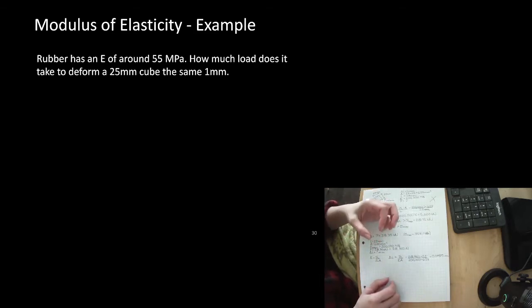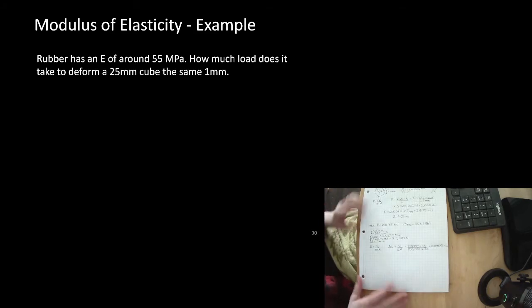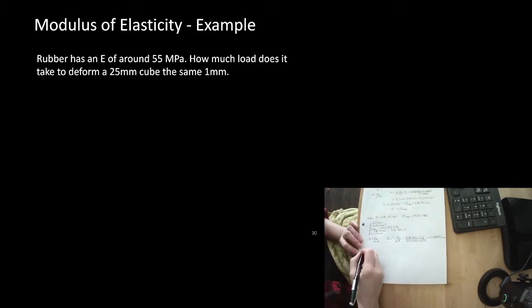You would use them in floor hockey, for example. They're quite hard, but they are a rubber ball. It's a very stiff rubber, but you can deform it. And you know that you could deform it 1 millimeter if you needed to. So let's take a look what it would take for this rubber cube.